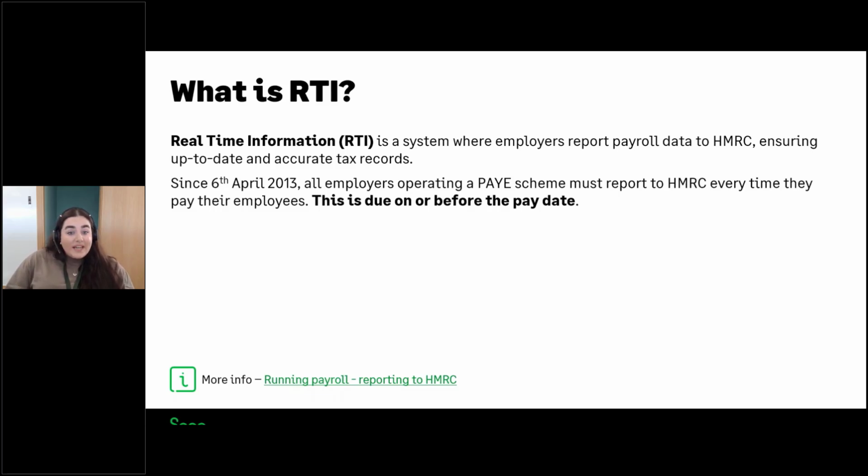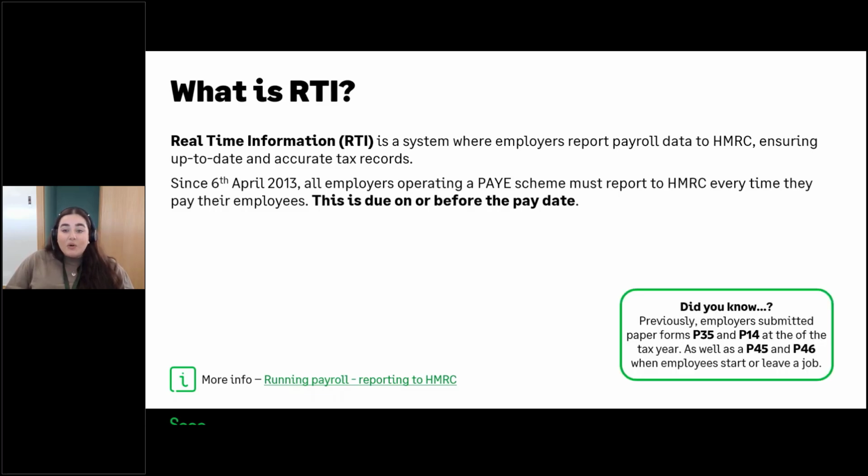Previously, employers would have submitted certain forms to HMRC at the end of the tax year, and also forms when they had any starters or leavers. But RTI has changed all of that, as the RTI submissions include all of the information that HMRC need. So no more paper forms, and instead it is reported more regularly too.